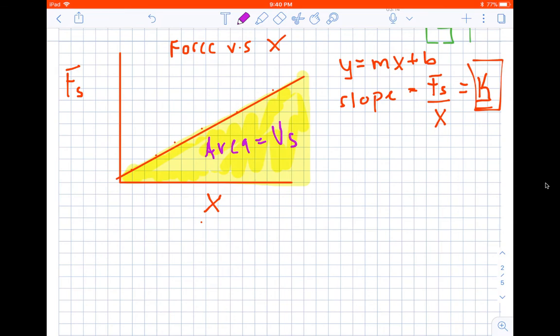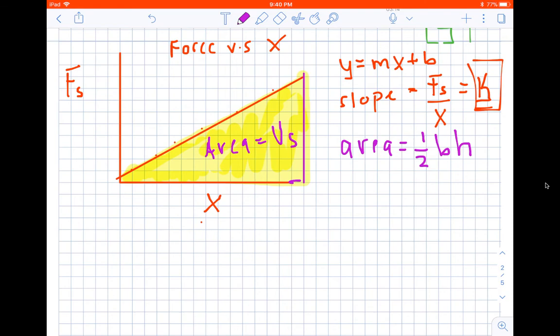Let's demonstrate. So the area of this graph, you can see here that this is a triangle. The area of a triangle is 1/2 the base times the height.